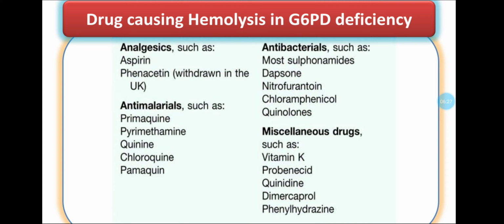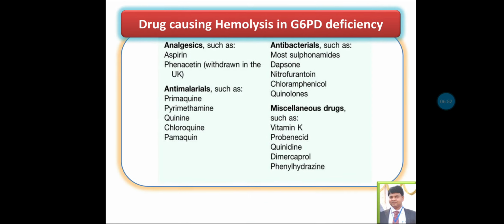Apart from this, there are certain antibacterial drugs as well, such as sulfonamides, dapsone, nitrofurantoin, chloramphenicol, quinolones, and there are miscellaneous drugs as well, such as vitamin K, quinidine, and phenylhydrazine, and these all can lead to hemolysis in G6PD deficient patients.